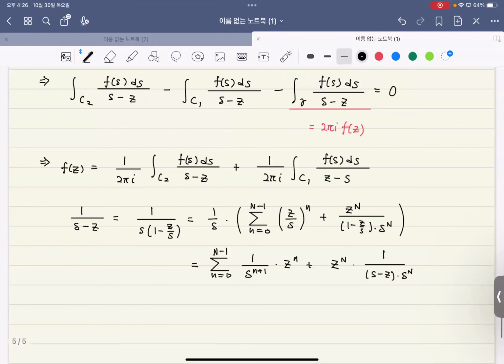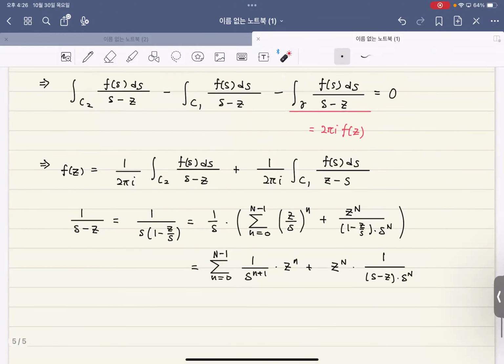So this is about it. This guy is some ugly expression, but still equivalent to this one. And I want to have the same expression for this one. What I need to do is just exchange the roles of s and z.